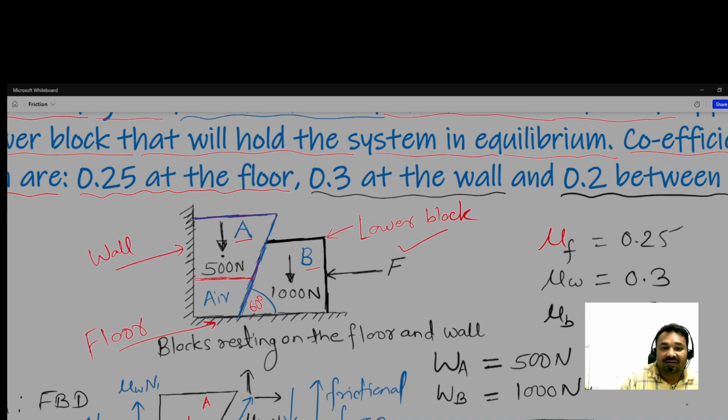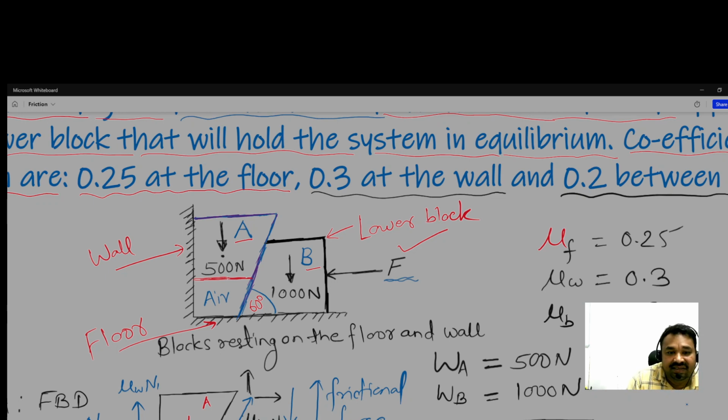But here the frictional force, suppose the block A, so block A will try to come down, okay, and the lower block B is here to suppress that with some force. This we wanted to know, what is the required force, so that block A should not fall down or should not come down, okay.